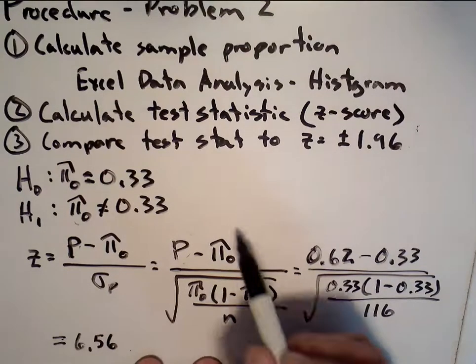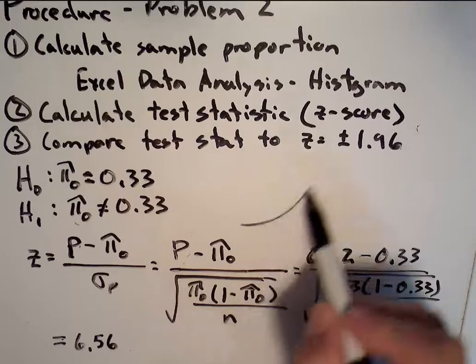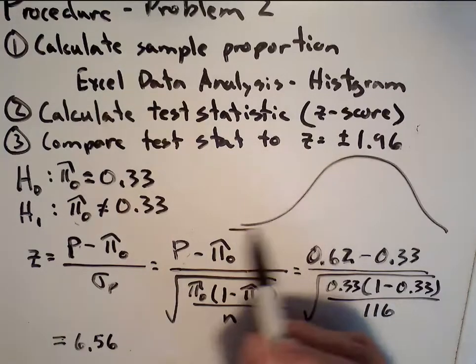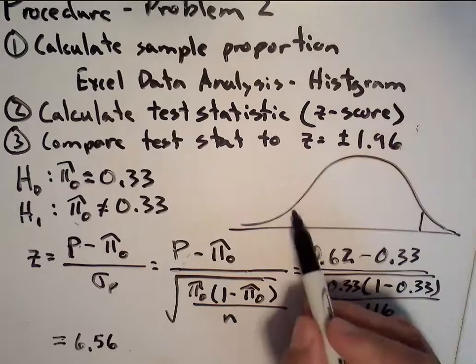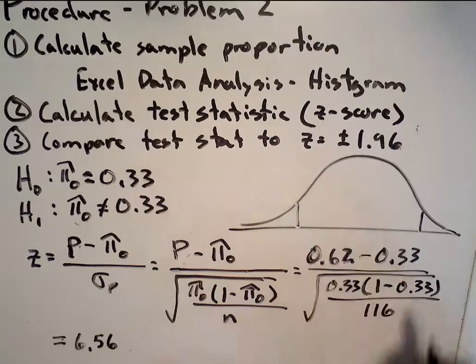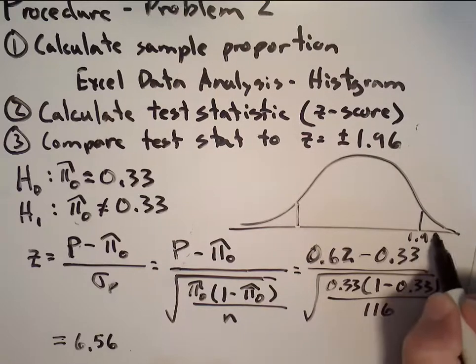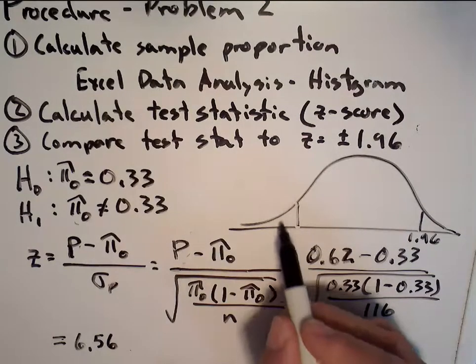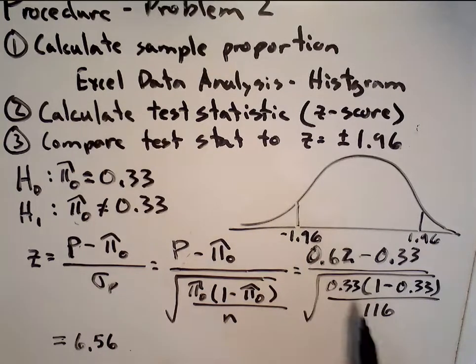Now we can make our decision whether or not to reject or accept the null hypothesis. Okay, we're looking at, for proportion, we use the normal distribution, and at the 0.05 level, we have 0.025 on each end, and that puts us at 1.96 and negative 1.96.